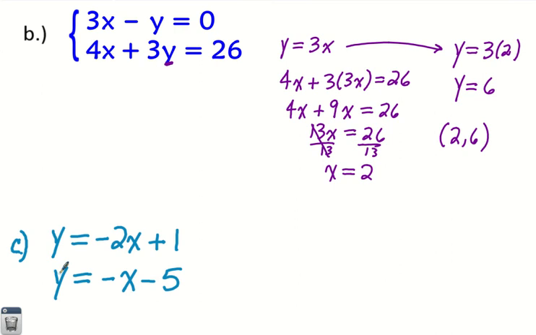But I think a lot of teachers, and maybe even textbooks or whatever, refer to this as, if you have both equations saying y equals whatever, you can just set those equal to each other. So this is called setting the equations equal to each other because they are both saying y equals yada yada yada.